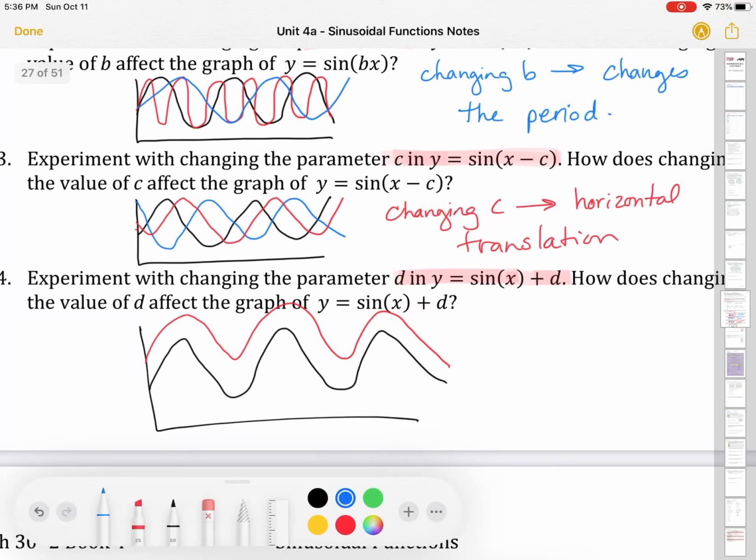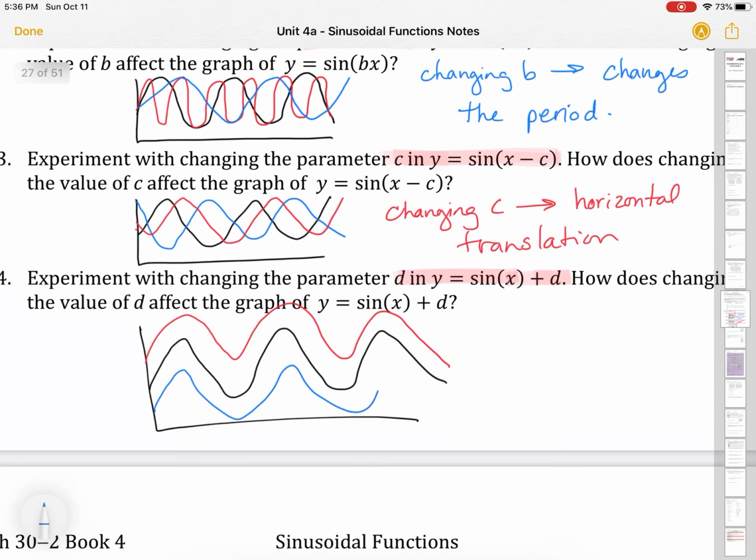Okay, so this is going to affect our midline, and it's going to change our range. So changing d, vertical translation.